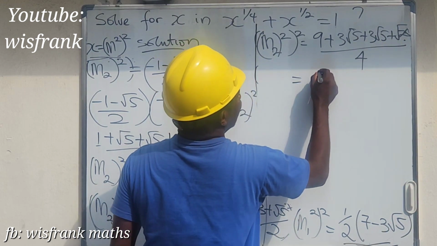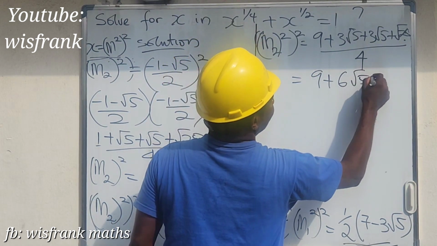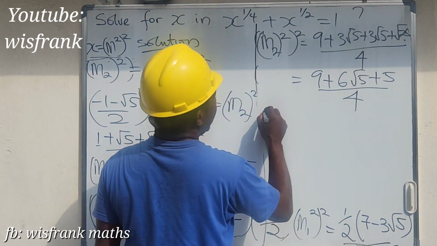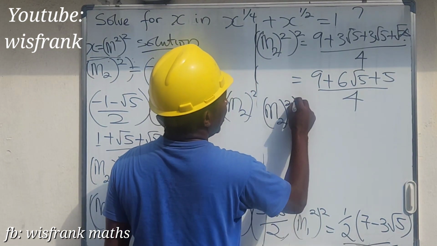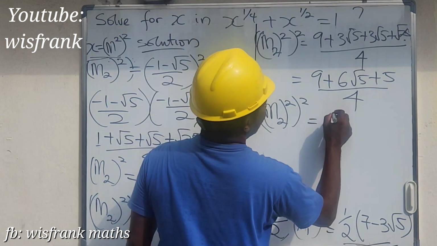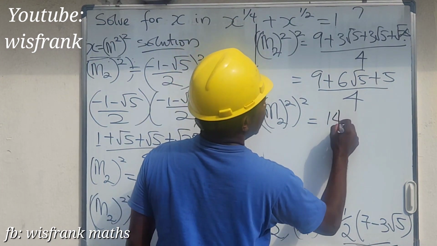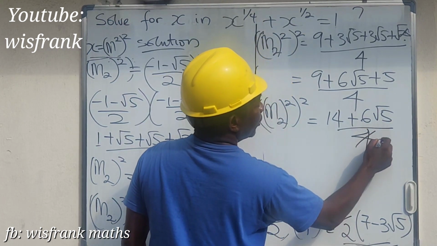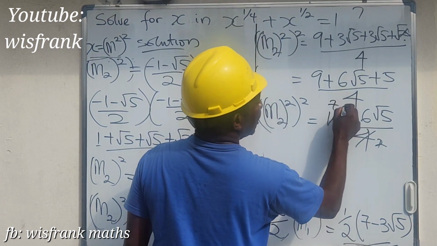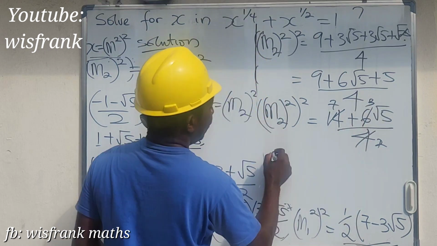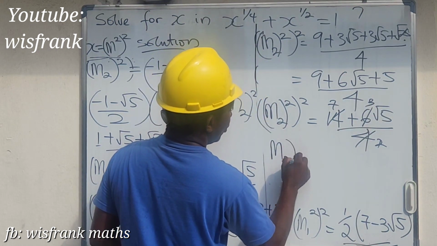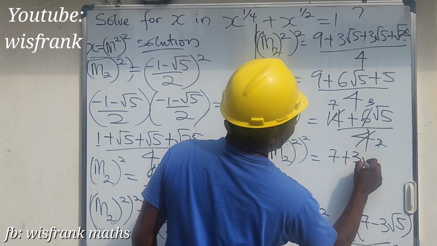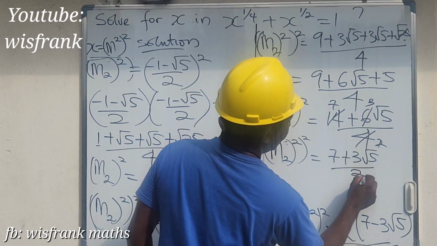This is the same thing as 9 plus 6 root 5 plus 5, all over 4. So here m2 squared, which is the value of x, equals 9 plus 5, we have 14, plus 6 root 5 all over 4. 2 cancels here, 2 cancels here giving 7, then 2 cancels here giving 3. Therefore, our m2 squared will be 7 plus 3 root 5 all over 2.